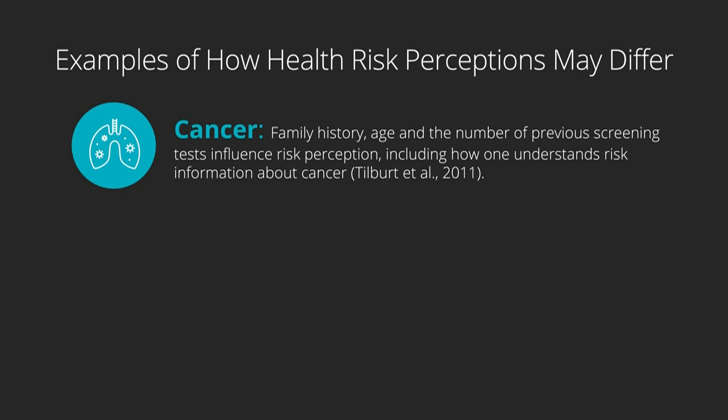Moreover, risk misperception has been shown to both increase and decrease use of preventive health services, and therefore can have significant implications for the health of those at greater risk of developing cancer.